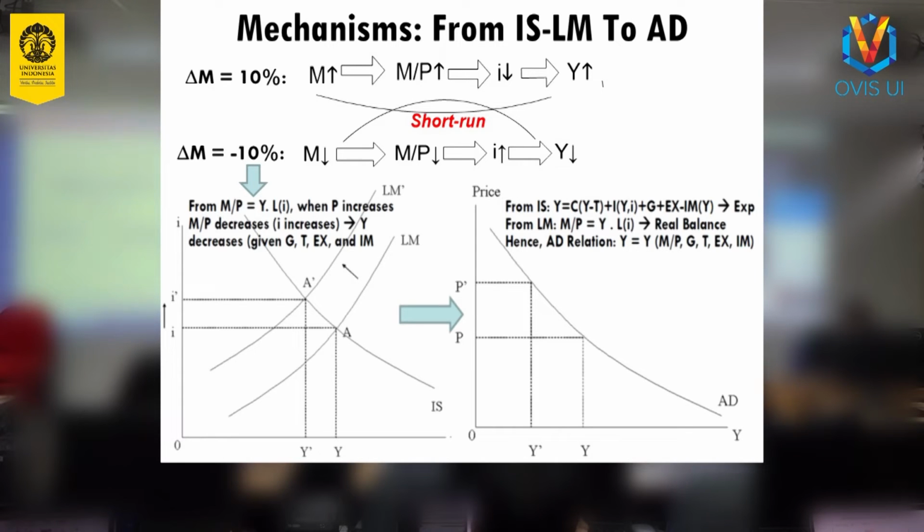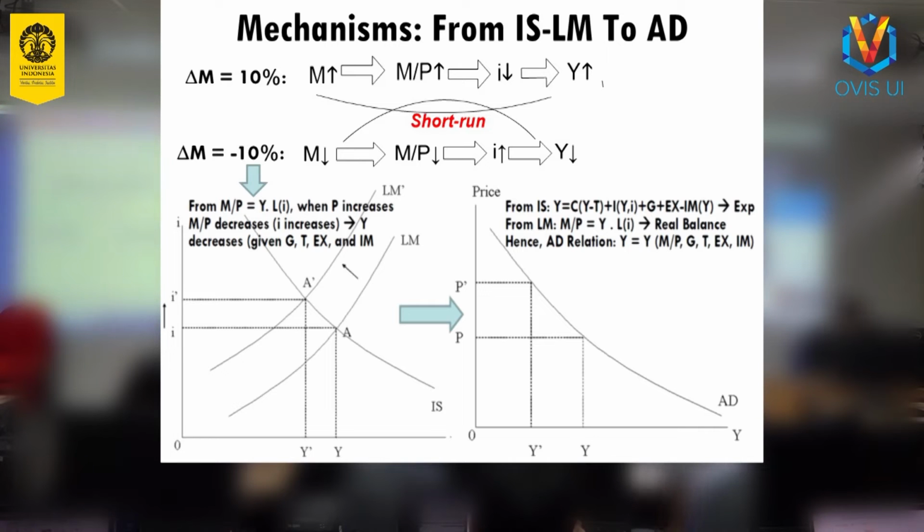And because this is not identity, we can always replace any variables here with variables from the LM curve. So for example, C is a function of Y minus T right here. So we know from this that Y can be replaced by M over P. So that will change to M over P here.